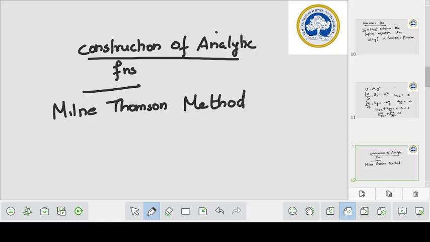Using the Milne-Thomson method you can construct the analytic function. There are 3 types.